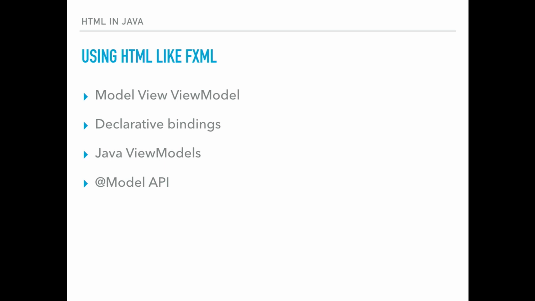So we decided to create a project that allows you to use those JavaFX properties directly. So you can now bind HTML elements and their attributes to Java models with regular JavaFX properties. And I'll show you in a minute how that works.